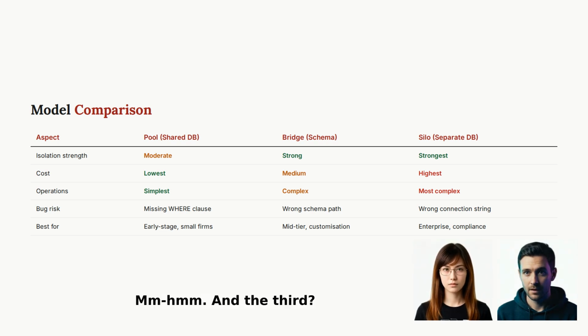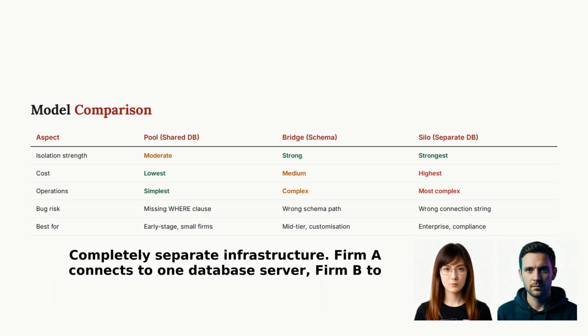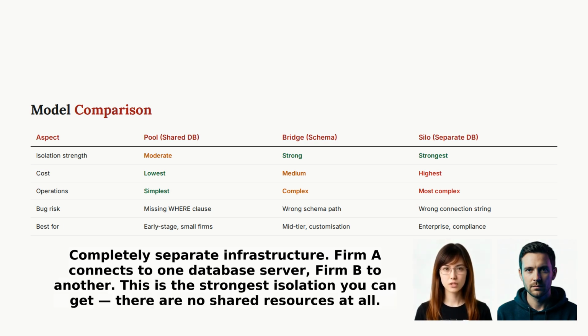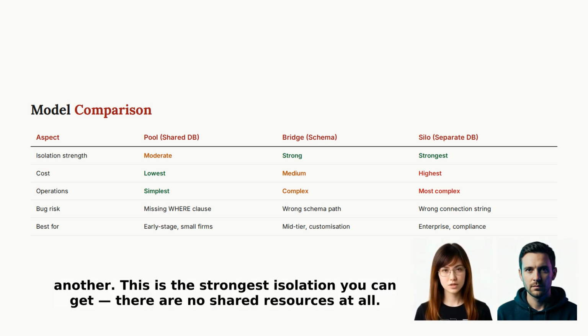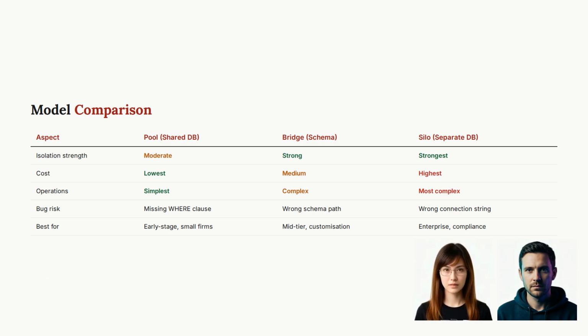And the third. Database per tenant, the silo model. Each firm gets its own dedicated database instance, completely separate infrastructure. Firm A connects to one database server, Firm B to another. This is the strongest isolation you can get. There are no shared resources at all. Independent backups, independent performance, independent everything. But that must be expensive.